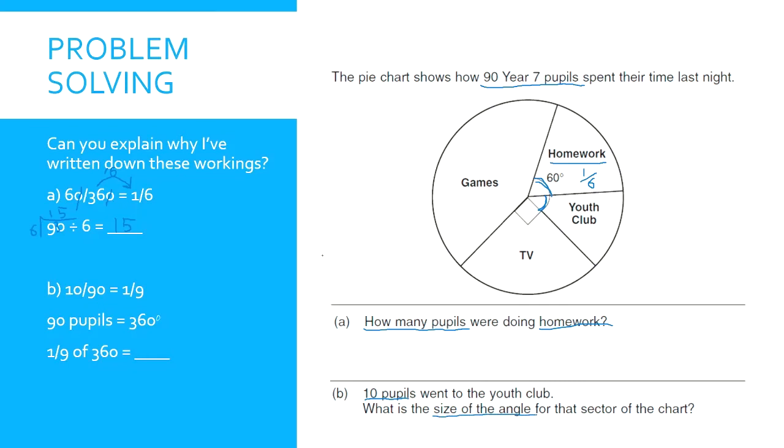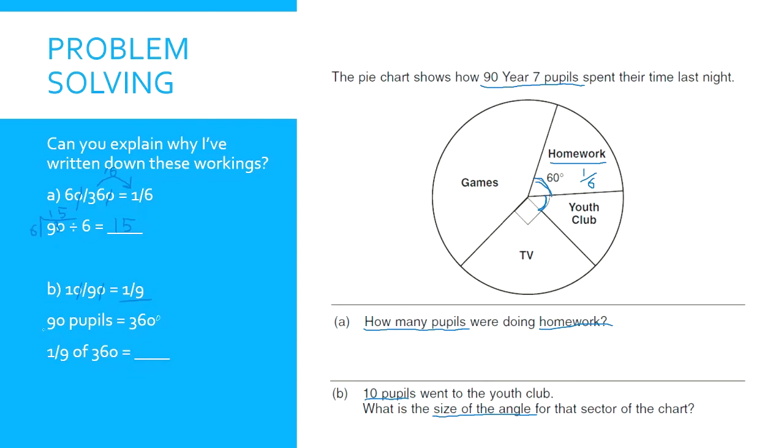So once again, I'm going to think about this as a proportion or as a fraction of the whole number of students, this 90. So 10 out of the 90 students is the same, if I simplify this down by dividing by 10, as 1/9 of the students.